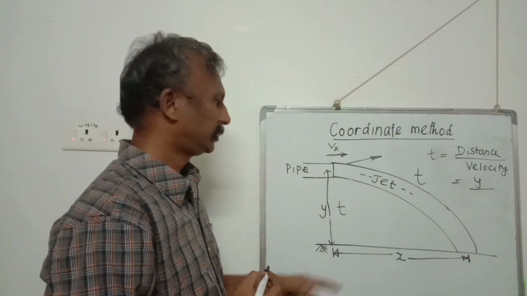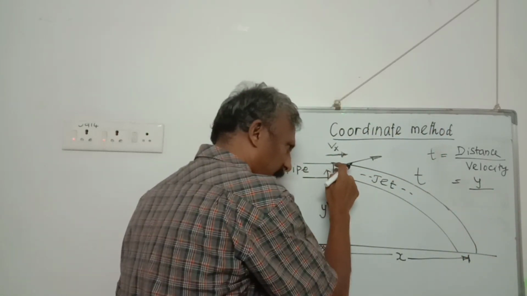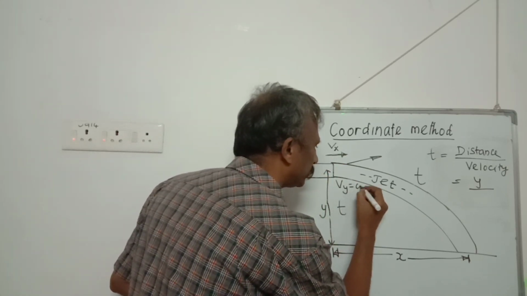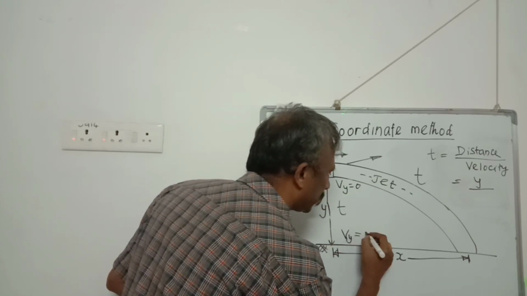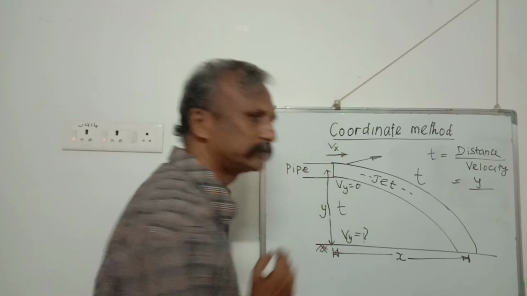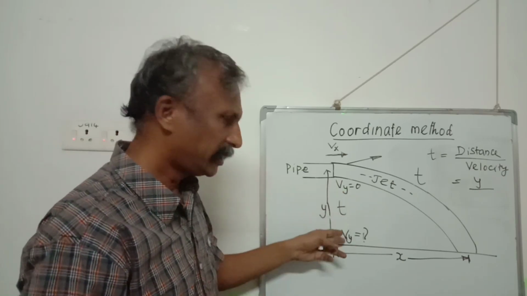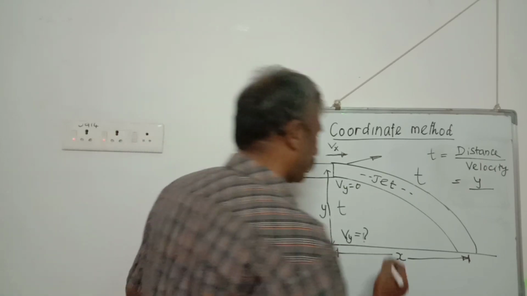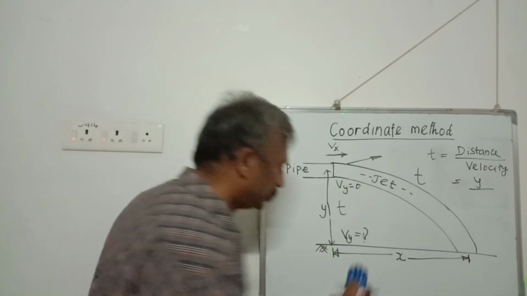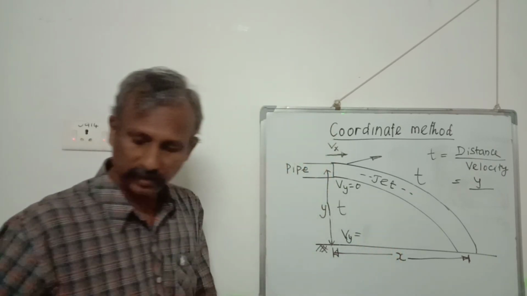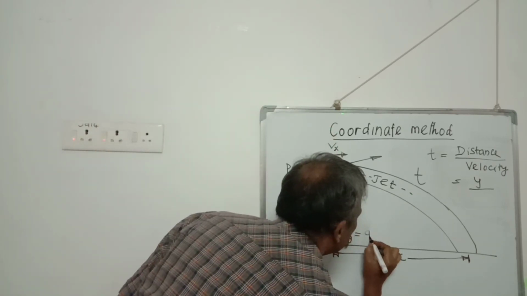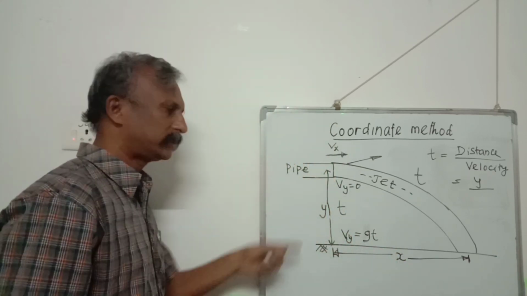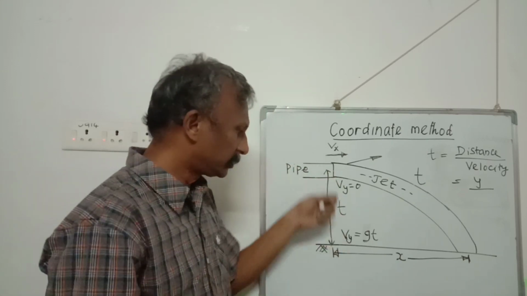Velocity at the start of the fall is 0. Vy is 0, and Vy keeps on increasing because it gets accelerated. So when it reaches down, its velocity will be equal to g into t, where t is the time taken for the object to fall through this distance.